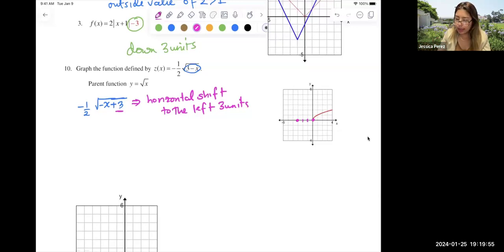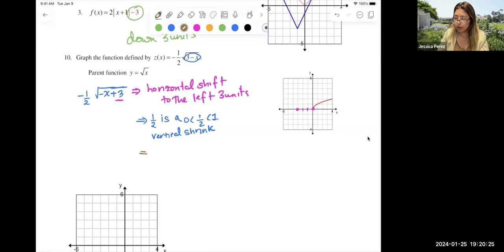We know that there is a 1/2 on the outside. I know that there's a negative, but before that, the 1/2 is A, where A is in between 0 and 1. It's a fraction, so it's a vertical shrink. So it's going to shrink vertically.